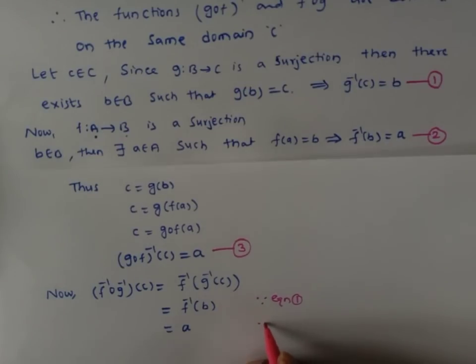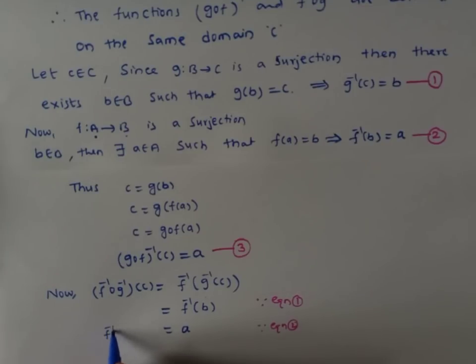Now let this be equation 4. So this is our (F inverse circle G inverse) of C equals A. Let this be equation number 4.